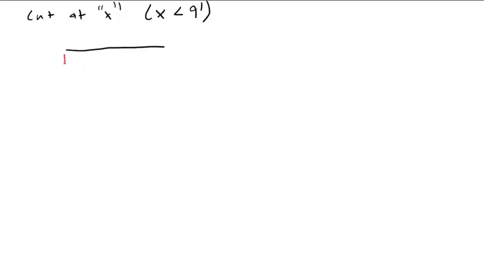Well, I would have my same reaction at A. This is A here. And I would have 18 kips here. I would have my distributed load that's still all the way along here. That is 2 kips per foot.